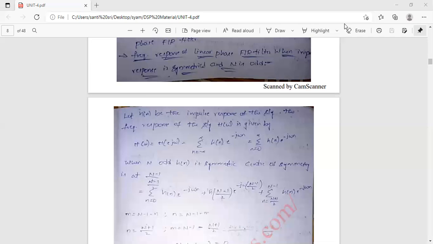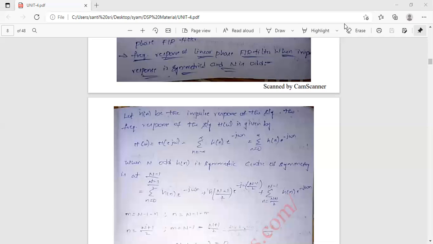We can write this as sigma n equal to 0 to infinity h(n) into e^(-j omega n). Okay, when N is odd, h(n) is symmetric, and the center of symmetry is at (N minus 1) by 2.